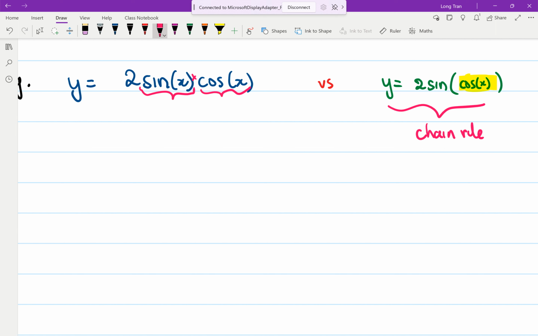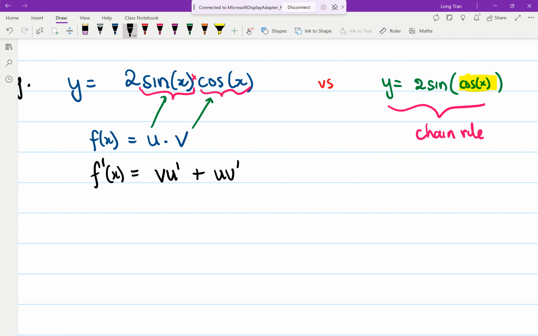Once you can identify that this is a product rule, the rule says if you have u times v, you can identify which one's u and which one's v. This would be my u, and this would be my v. It doesn't matter which one. I'm just going to call the first one u and the other one v. The rule states that the derivative should be vu dash plus uv dash.